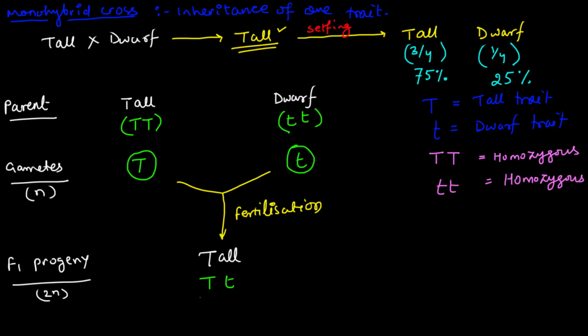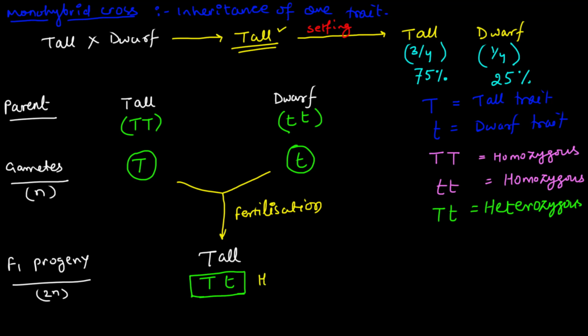So this capital T, small t condition is going to be known as heterozygous. So when you have the same type of allele, it is called homozygous, and when you have two different types of allele, it is called heterozygous.